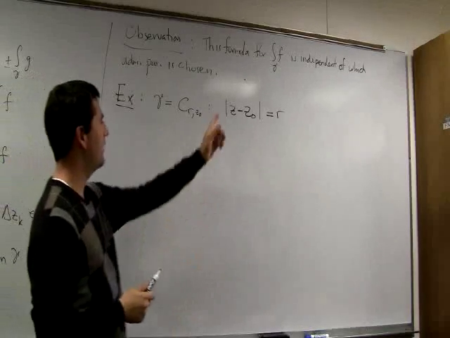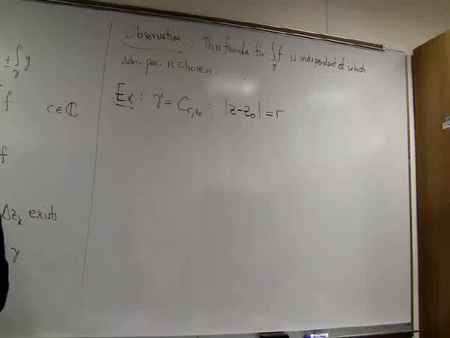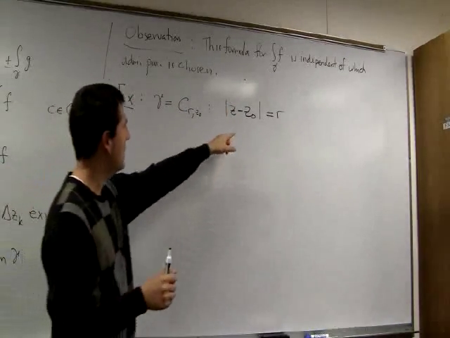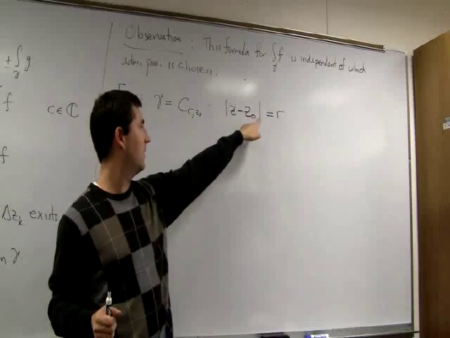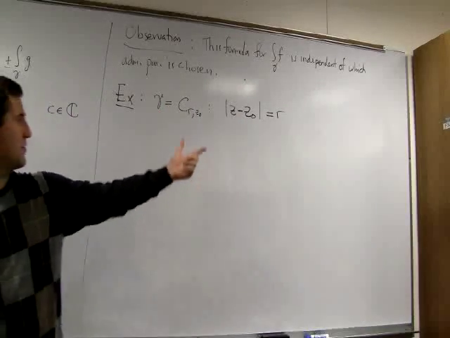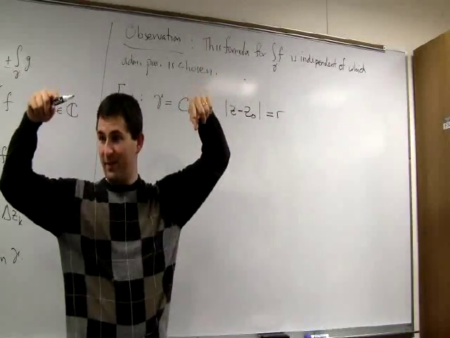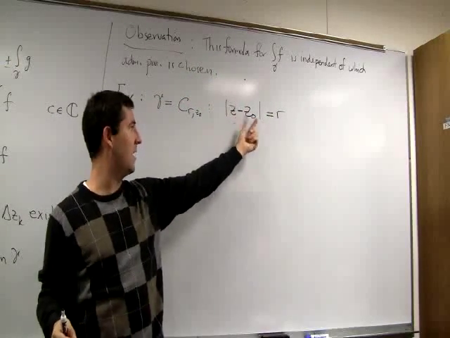All right, so you might recall the quick way to write it, complex analysis is great. You can write down things in a very short amount of space. The circle with center z0 and radius r is just the set of z with |z − z0| = r, that's just the formula for it, right? Remember when you take the norm of a difference, that's the distance between the points. So this is the distance between z and z naught is r.